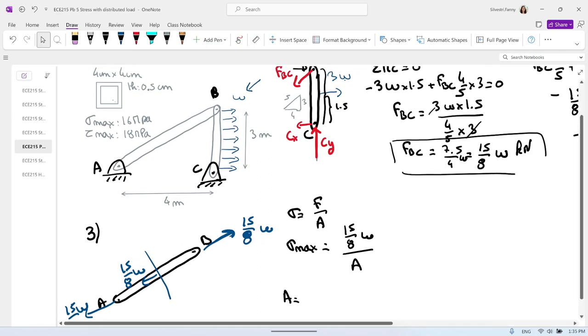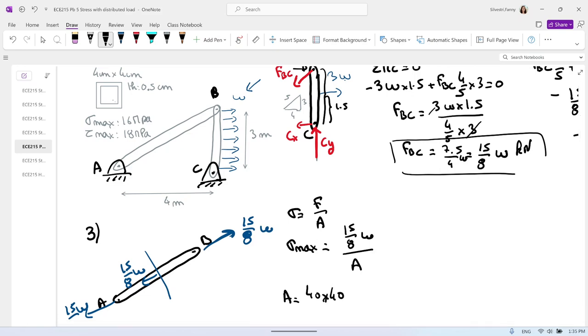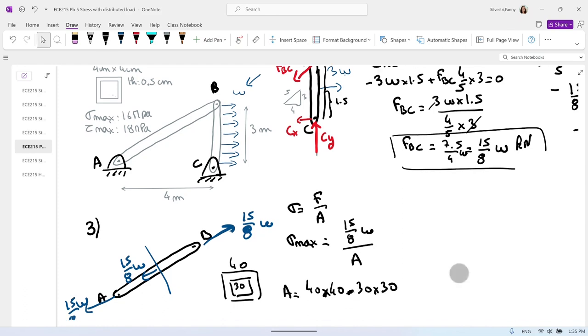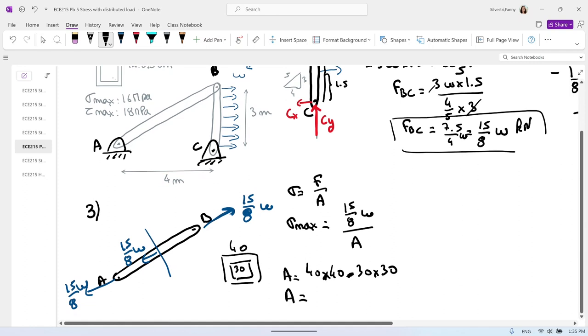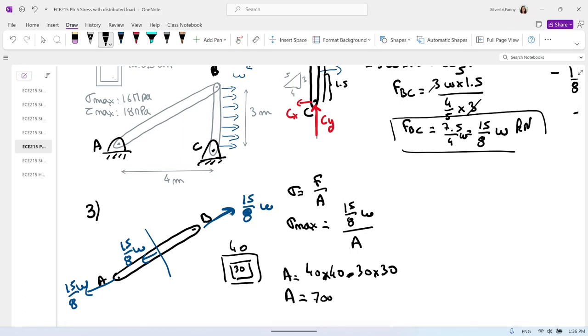It's a square of 40 times 40 millimeter square minus the inside. This one is 40, and because the thickness is 5 millimeters on both sides, we'll remove 1 centimeter in total, so the inside is 30, so minus 30 times 30. So the area of this one is 700 millimeter square.